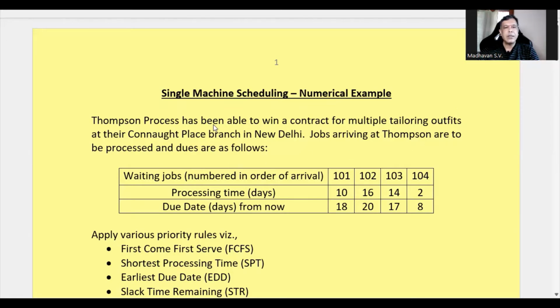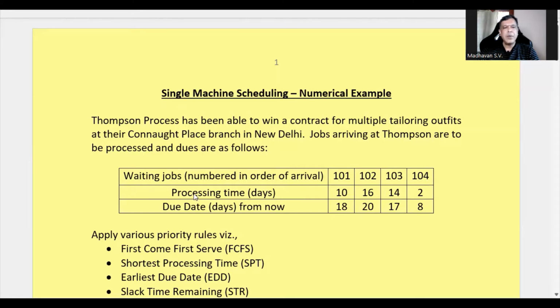Thomson Process has been able to win a contract for multiple tailoring outfits at their Connaught Place branch in New Delhi. Jobs arriving at Thomson Process are to be processed, and dues are as follows. Here the data is given: waiting jobs numbered in the order of arrival, meaning 101 is the first job, 102 is the next job, 103 is the third job, 104 is the fourth job.